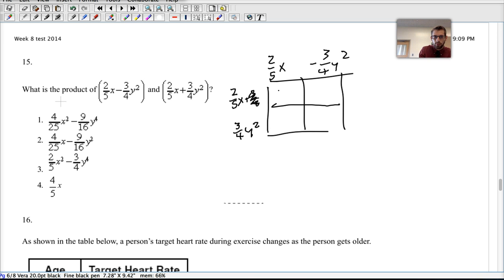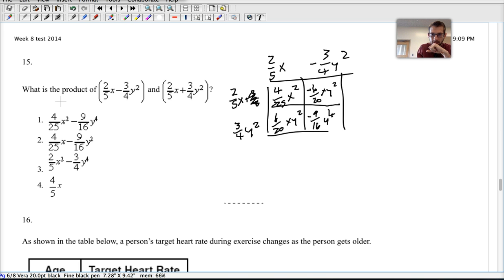Alright, so this is going to be 4/25 x squared. This is going to become negative 6/20 xy squared. This is going to be positive 6/20 xy squared. And then finally we are going to have a negative 9/16 y to the fourth.